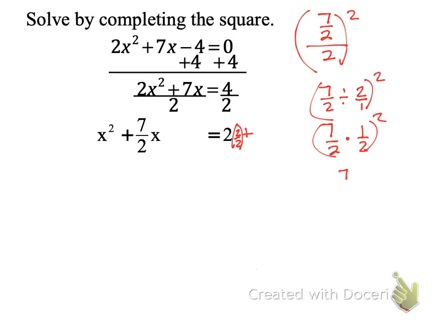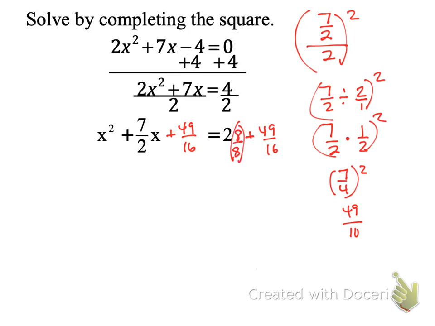So I got 7 over 4 squared is what? 49 over 16. Okay, sorry about that. So I'm adding 49 over 16 on both sides. Now, what's the common denominator on the left side? 16. So I'm going to have to multiply by 8 over 8.